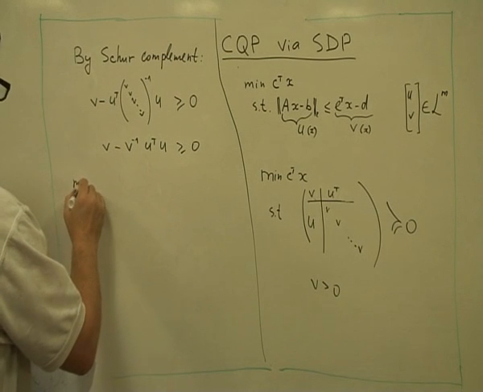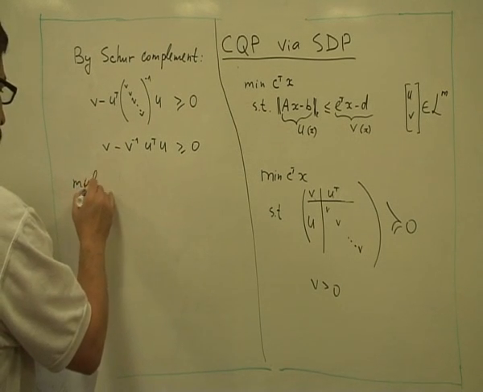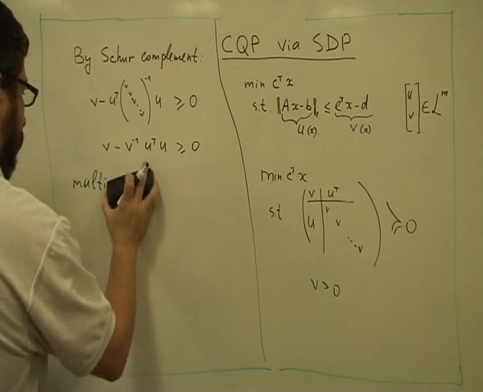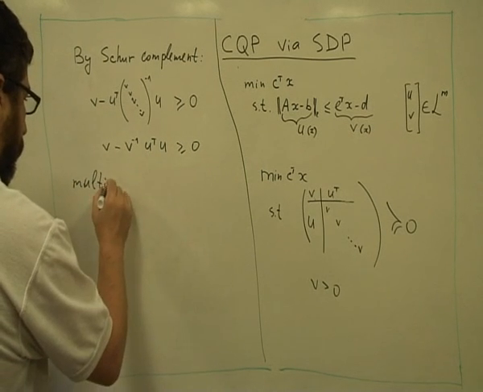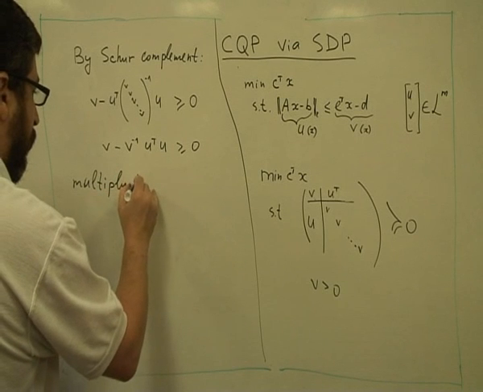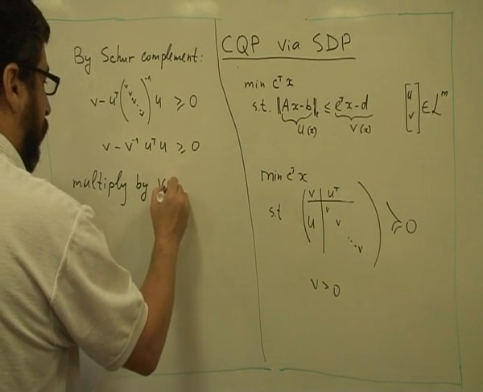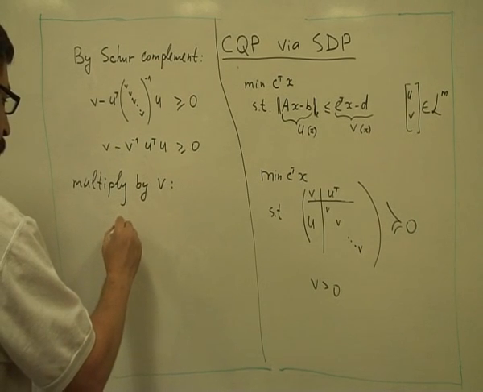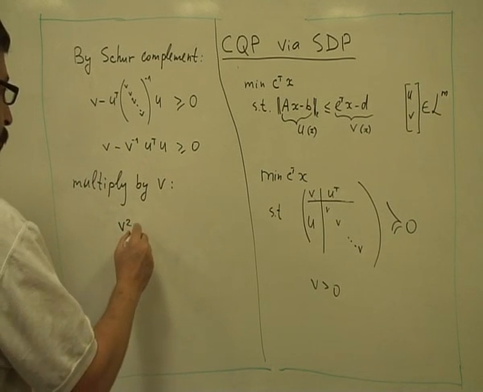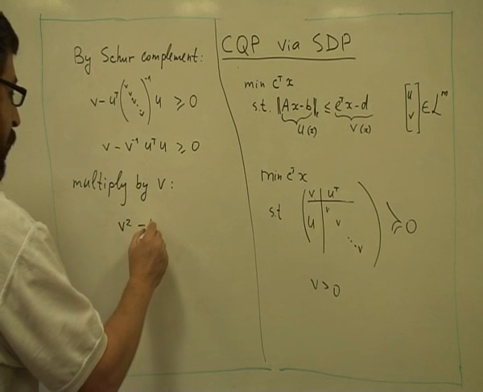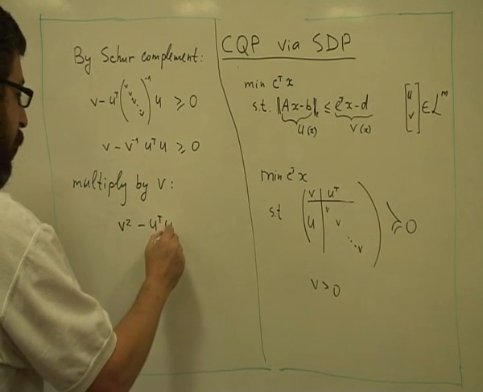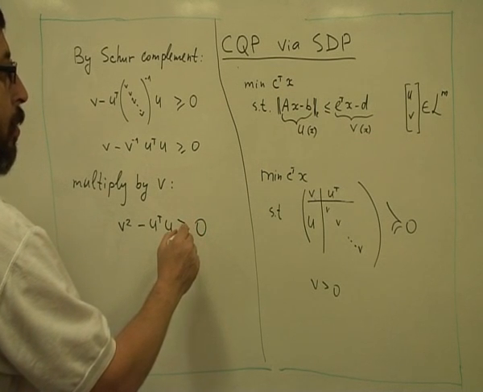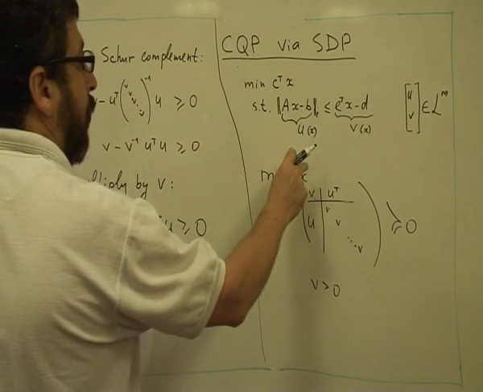Let's multiply by v. Multiplying by v, we get v squared minus u transpose u greater or equal to 0.